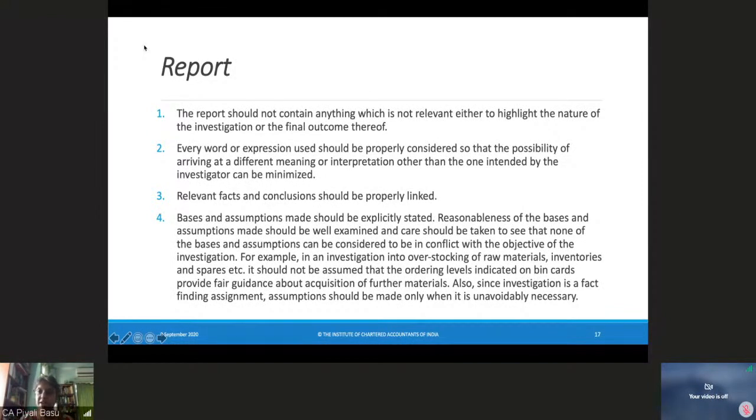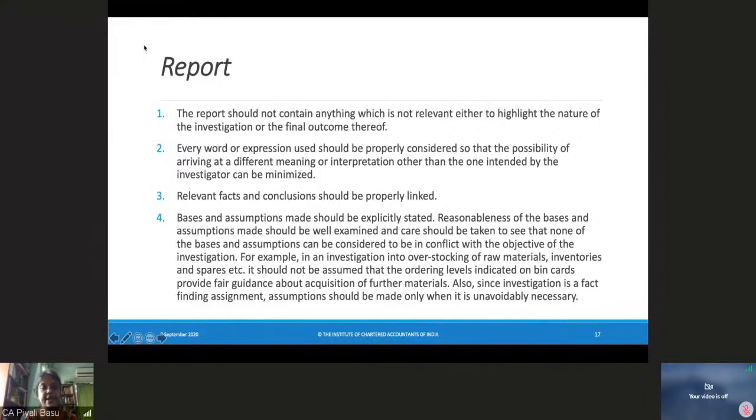So it has to be a very big report. Many a time it runs to pages because this information is required. The basis and assumptions should be explicitly stated. Many a time we have to make some assumptions. If we do not have any conclusive evidence and you are making such assumptions and bases, it has to be very clearly stated so that the other party understands it, and you have your back safe.